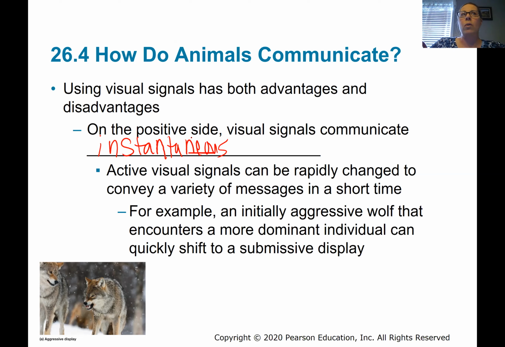Okay, so I guess the deer is probably not a really good example, but if two wolves come over here in this example there, and they're both kind of showing aggressive behaviors, if one of them is like, oh, I don't really want to fight today, it's not worth it, I'll go eat over here, or I'll go find a mate somewhere else, immediately this one can tuck tail and get into a submissive position and communicate that, okay, I don't want to fight with you.